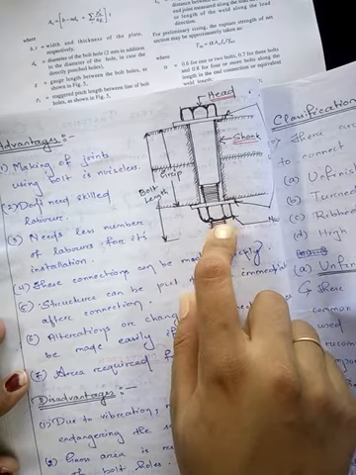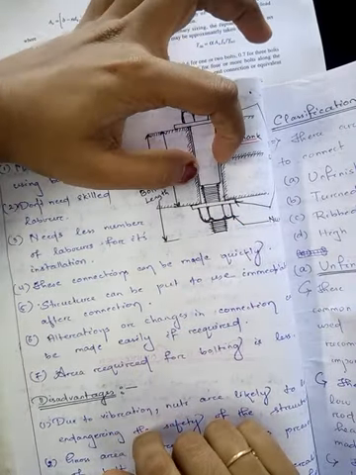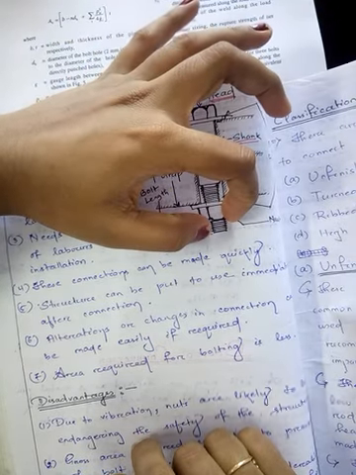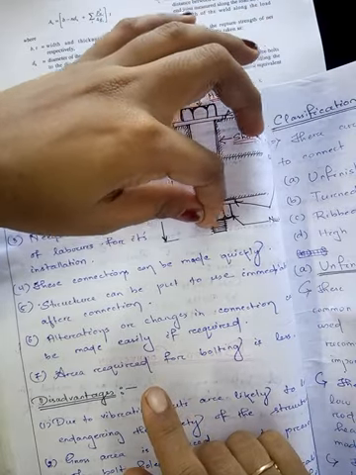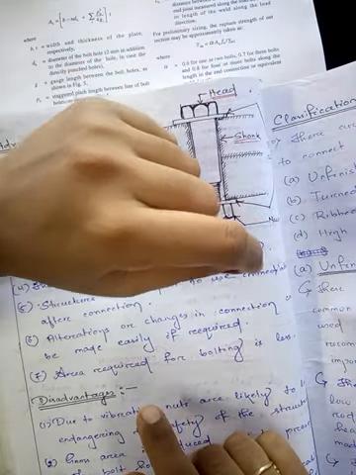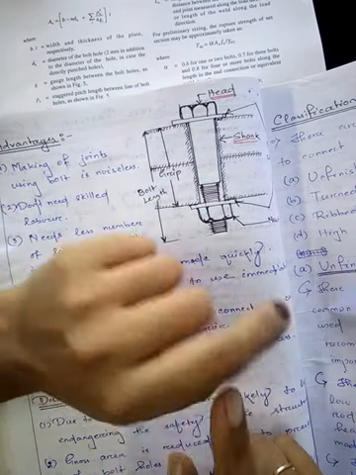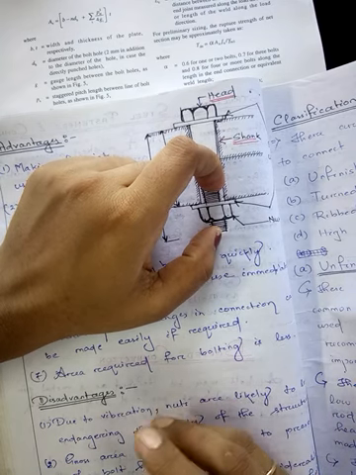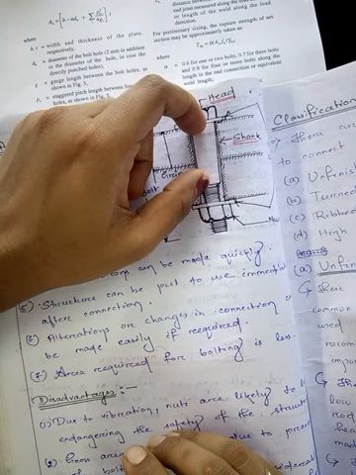And what is the area of this threaded portion? This area is similar for the thread portion also, but because a groove is made in the threaded portion, the area is decreased by 22%. Remember, the area of threaded portion is 78% of the area of this shank.